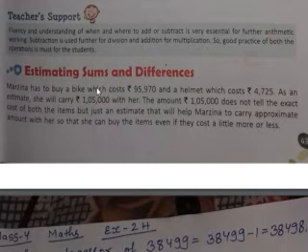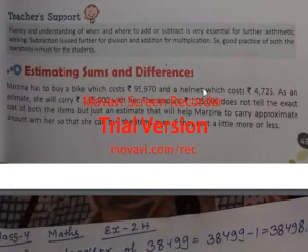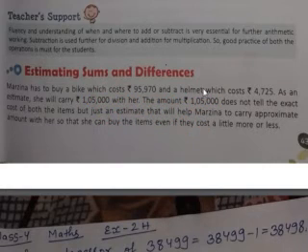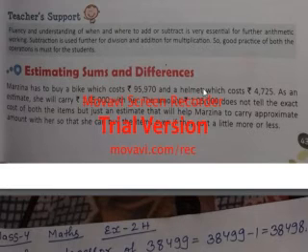Now here comes the next topic, that is estimating the sums and differences. Students, estimating means to assume, to make an assumption. Now you will be saying, what assumption? Suppose sometimes when we are going to play a game, the mother asks, go fast and come first.